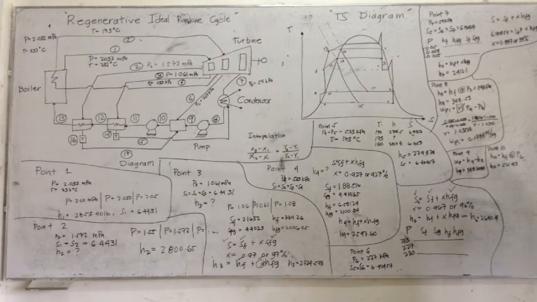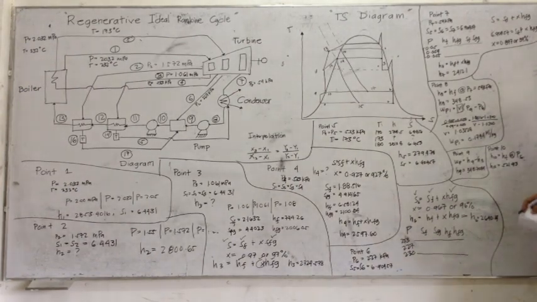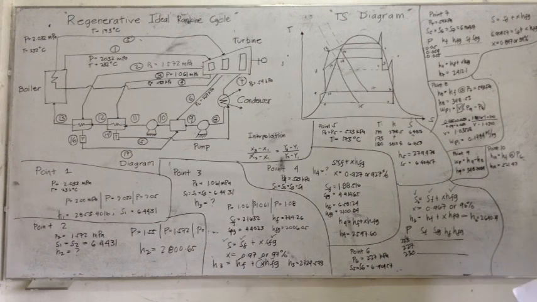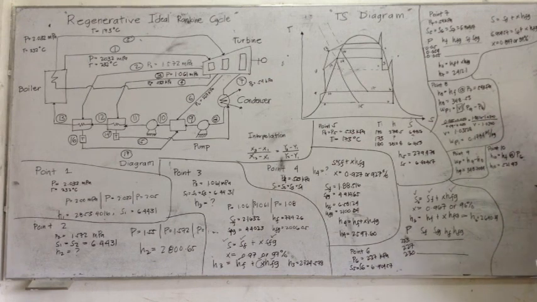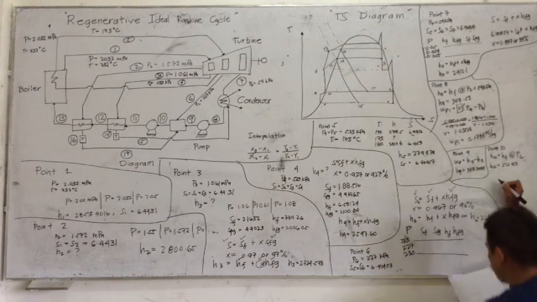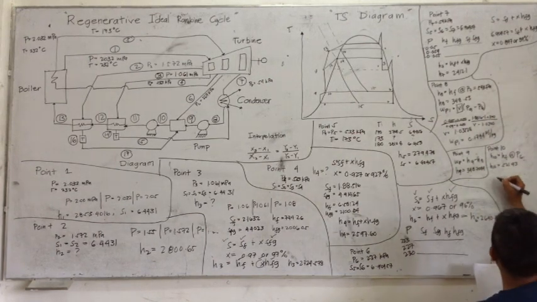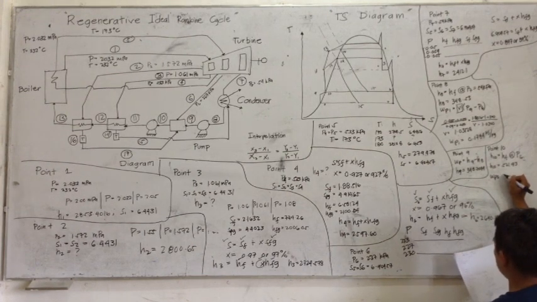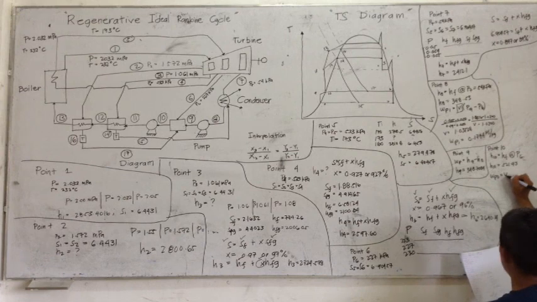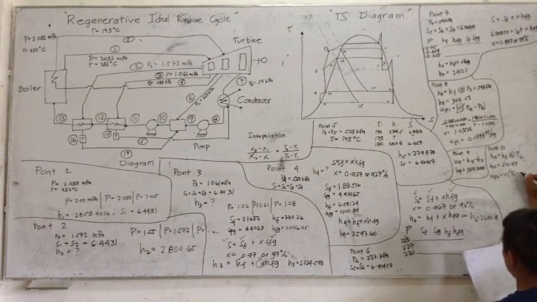Here, we try to locate the work of pump 2. Back in our formula of a pump, work of pump 2 is equal to V times P sub 11 minus P sub 10.